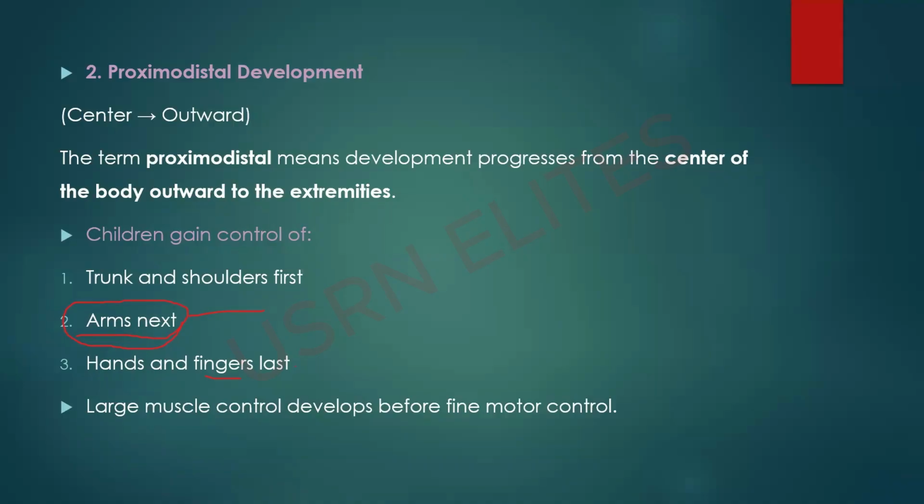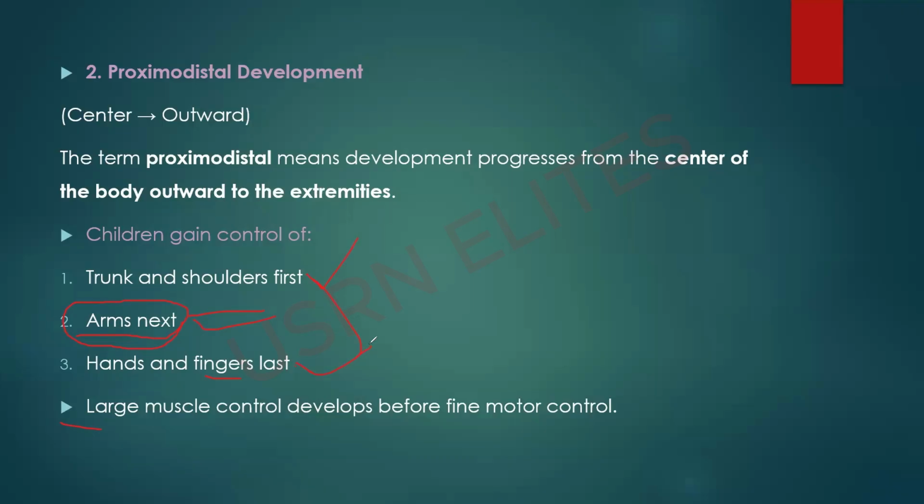Okay. This point, we are saying large muscle control develops before fine motor control. So like I demonstrated over here, this is an example of a gross motor development. This is also a gross motor development. Then this one is a fine motor development.